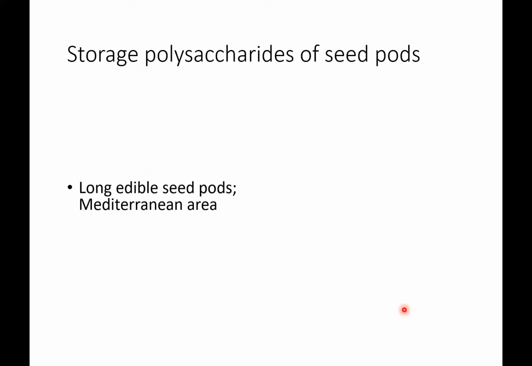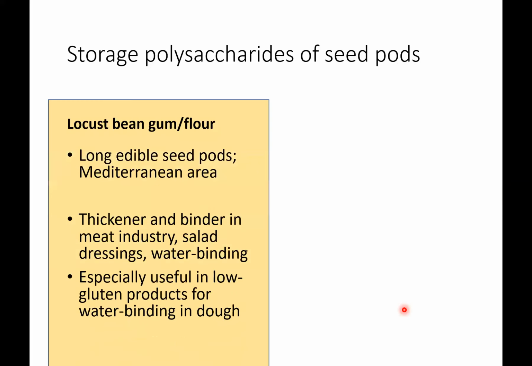Now, other storage polysaccharides from seed pods, we have locust bean gum. You find that on the ingredient list a lot too. It's obtained mostly in the Mediterranean area. It is used a lot in salad dressings. So if you see that, salad dressing is common, and it's a binder in the meat industry.